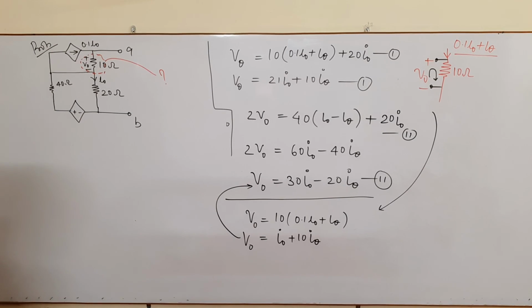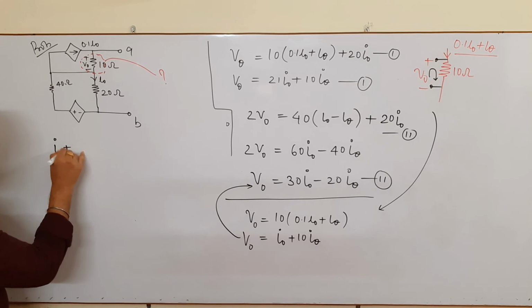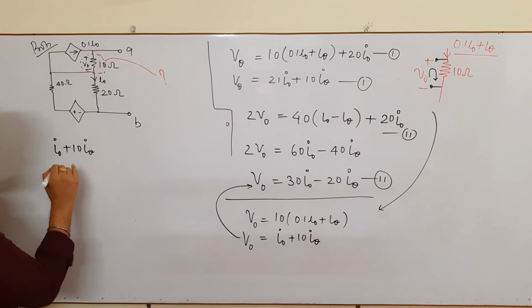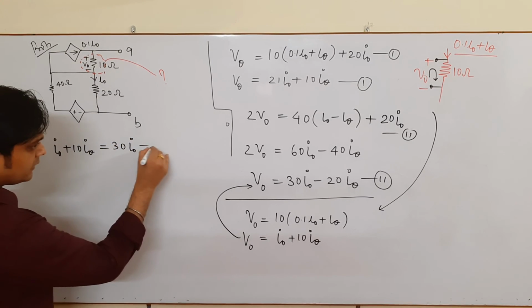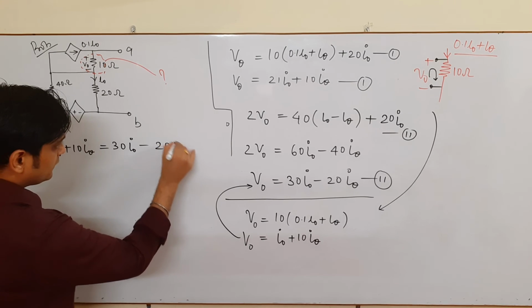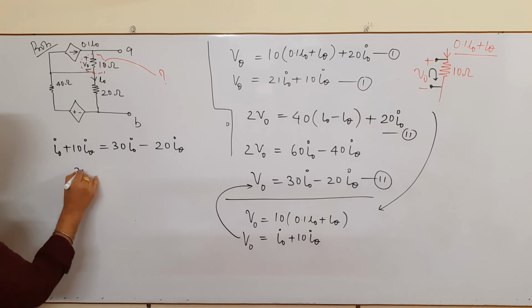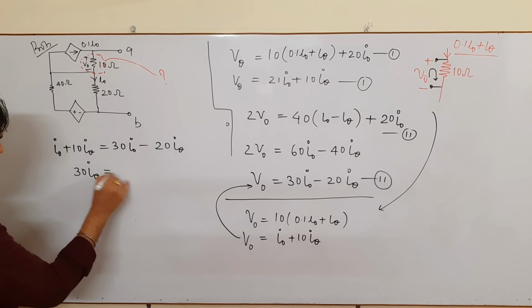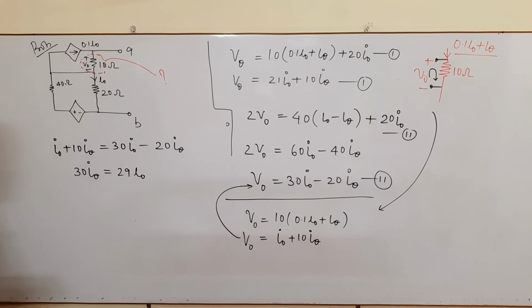So that comes to be I naught plus 10 I theta is equal to 30 I naught minus 20 I theta. So how much is it? It is 30 I theta is equal to 29 I naught.